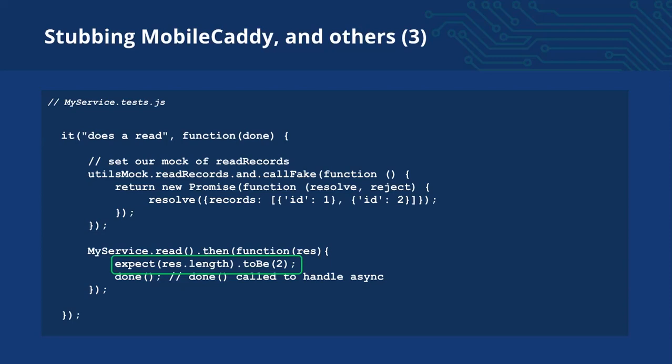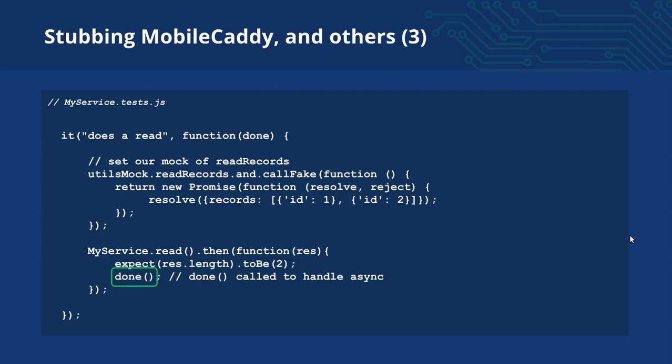If you remember, our service was actually not just resolving the response it got back from the devutils, but it was only sending me the records attribute, which was the array. To complete the test, I'm then calling this done function in here, which closes off that asynchronous wait.